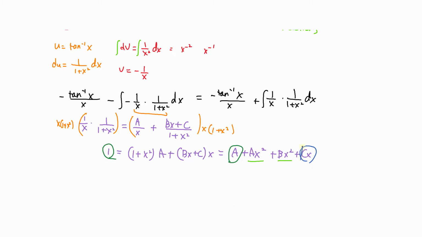So we just know A equals 1, then Cx is gonna be 0, so C is simply 0. And then I have Ax squared plus Bx squared equals 0.